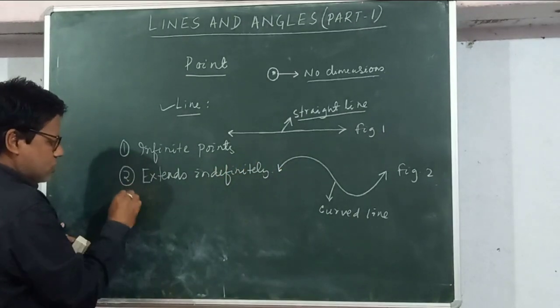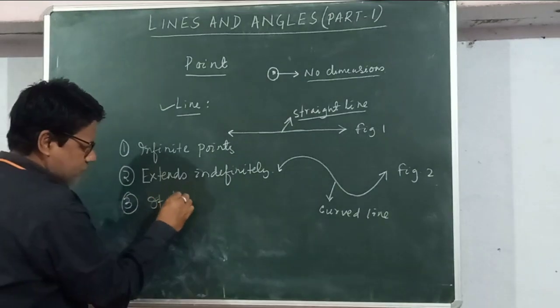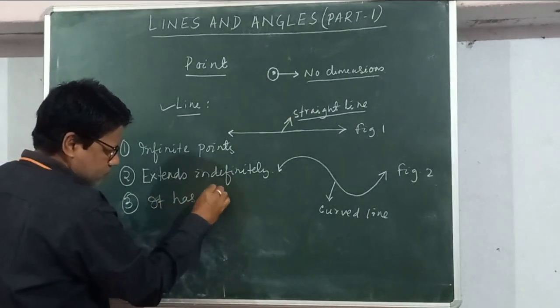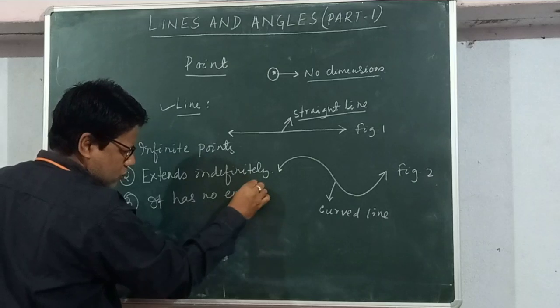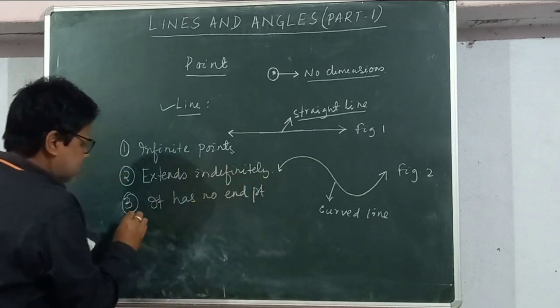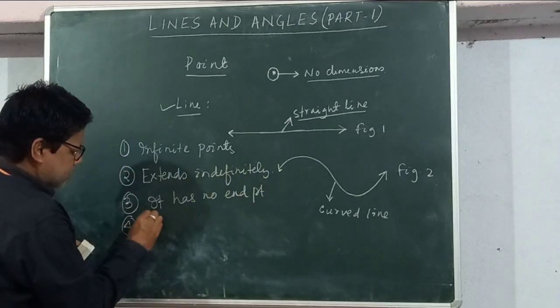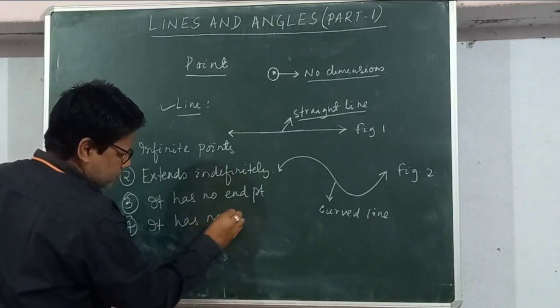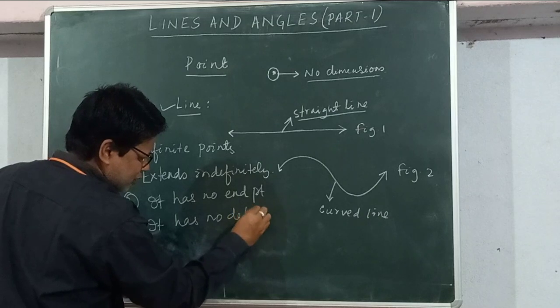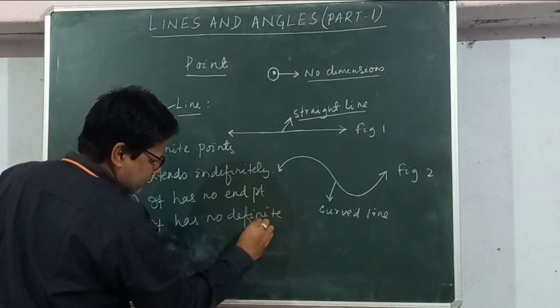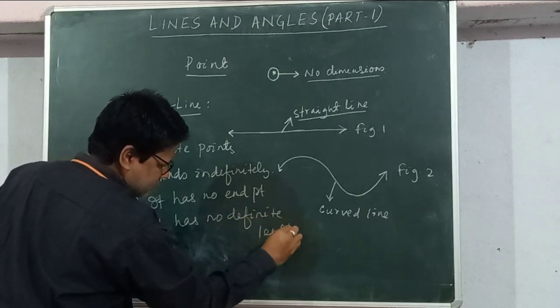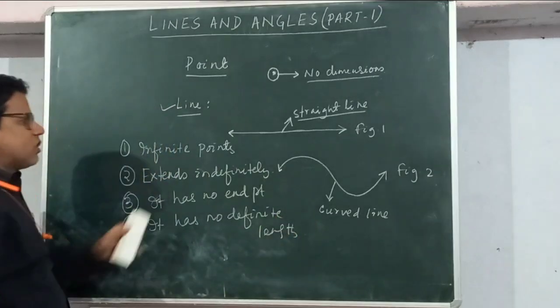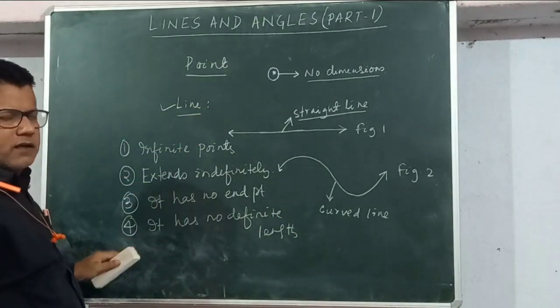Number 3, it has no endpoint. Number 4, it has no definite length. This is all about the line.